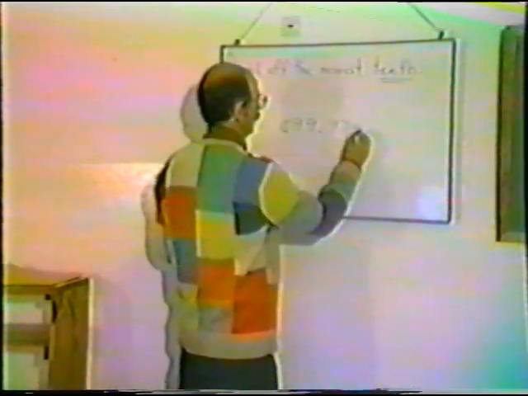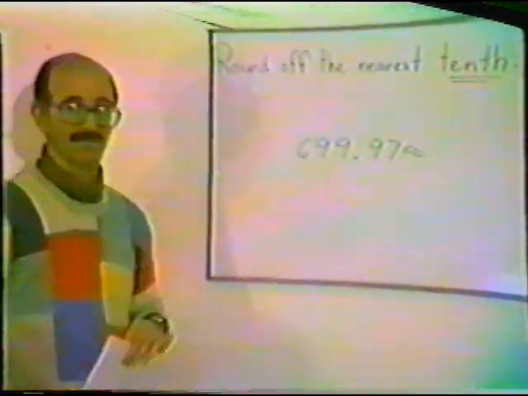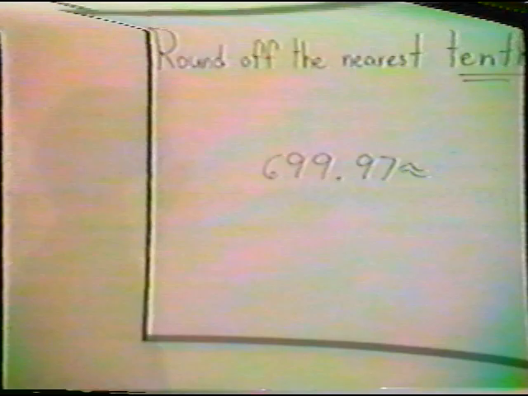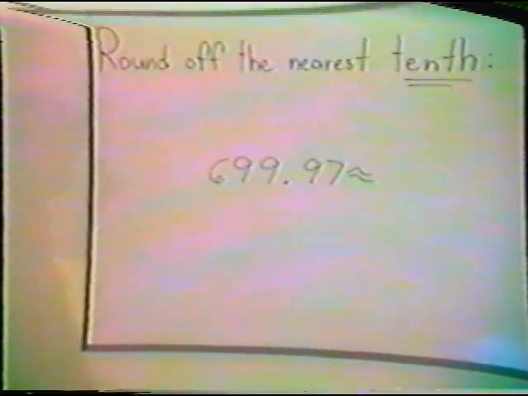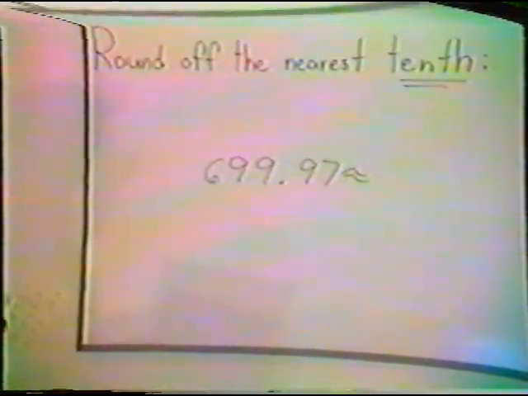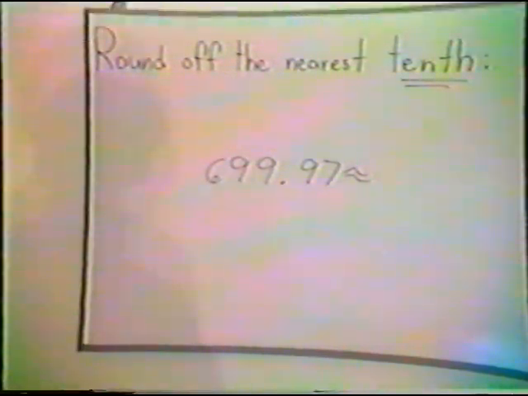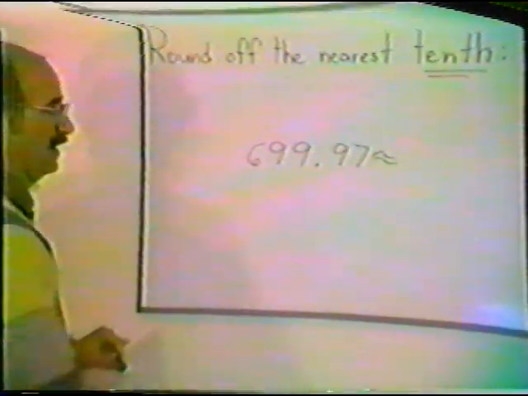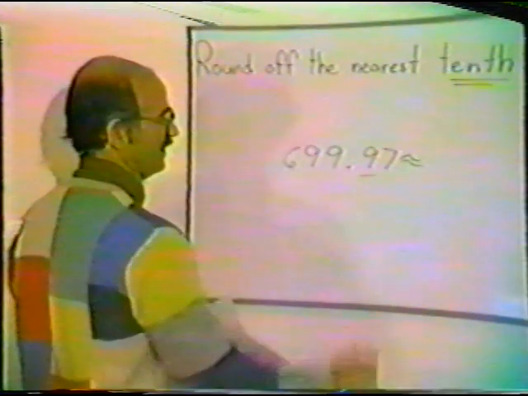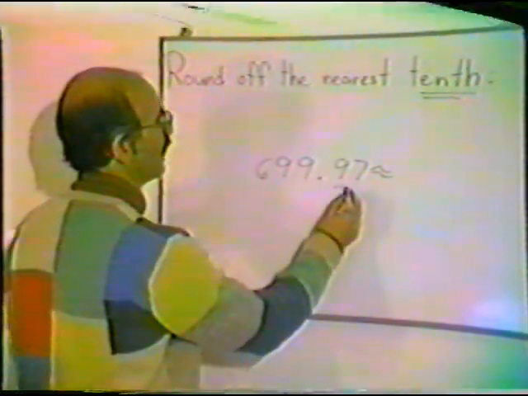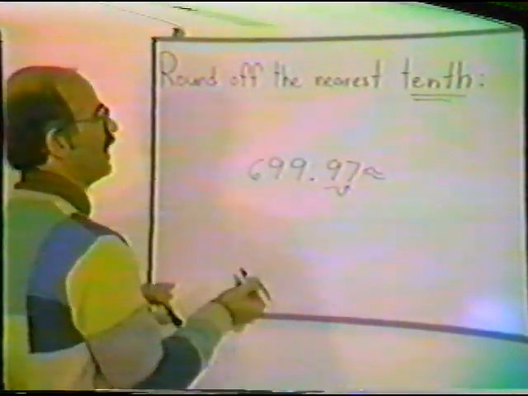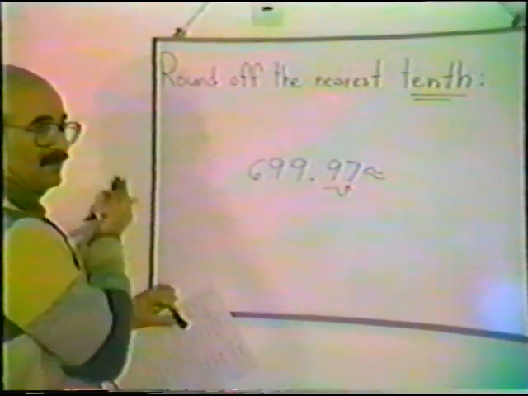699.97. Read me that number. 699 and 97 hundredths. And what number is in the tenths place? 9. This one? Yes. And the 7 tells us the 9 does what? Goes up.